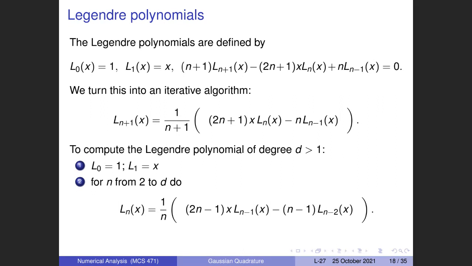So how do you evaluate a polynomial efficiently? This goes back to the very early beginning, the fundamentals in this course. We can evaluate every polynomial of degree n with n multiplications and n additions. Here you see that this is also an algorithm that evaluates the Legendre polynomials in a linear cost.